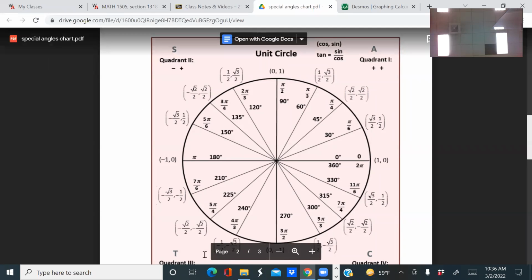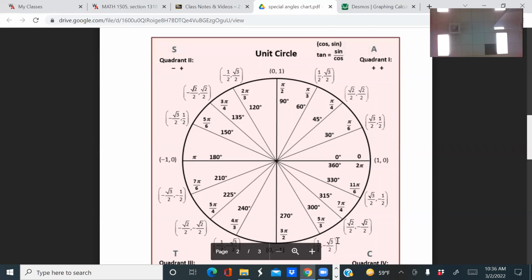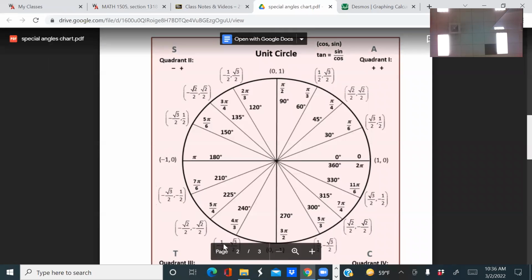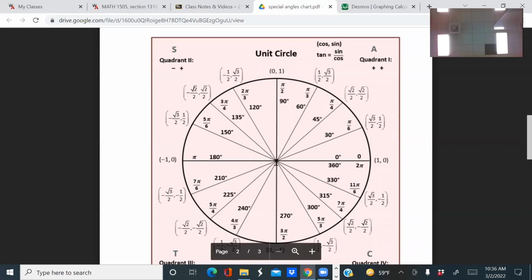So this big circle that goes around, that's a unit circle. That means the radius of that circle is 1. So all of the points on this circle are distance 1 away from the origin.